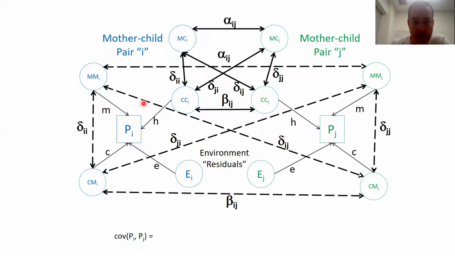So for example, this path here, delta IJ, is looking at the similarity between the mother in pair I and the child in pair J. Conversely, this path here, delta JI, is looking at the similarity between the mother in pair J and the child in pair I. So kind of the reverse of this one.